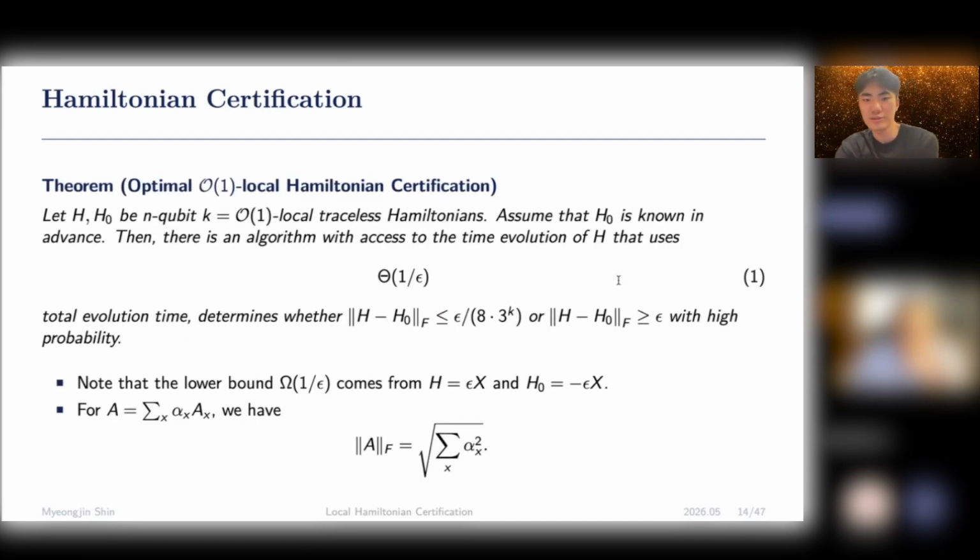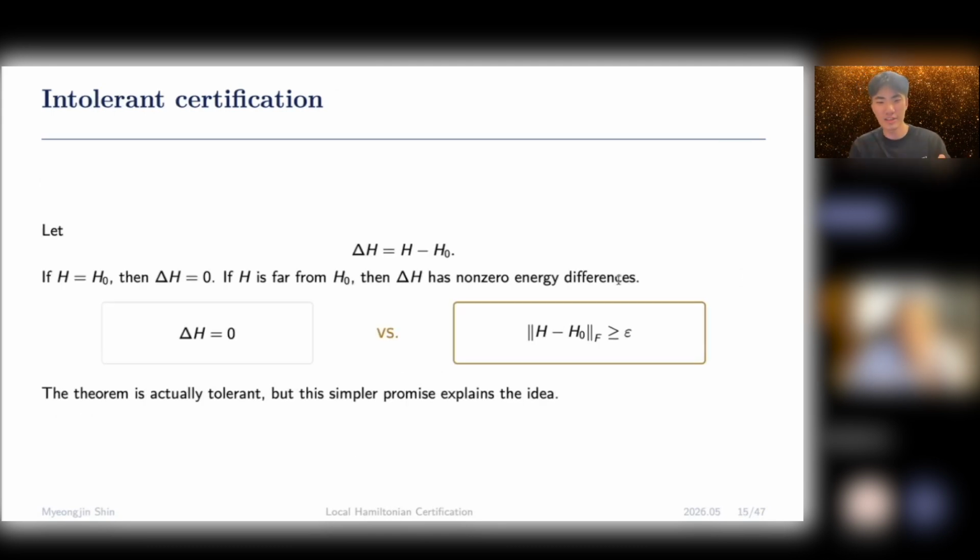As you can see, we did tolerant certification. We can determine whether H and H0 are close or far. But just for simple explanation, in this talk, we're going to discriminate the two cases where H and H0 are equivalent or far. Just for simplicity, I'm going to explain about intolerant certification.